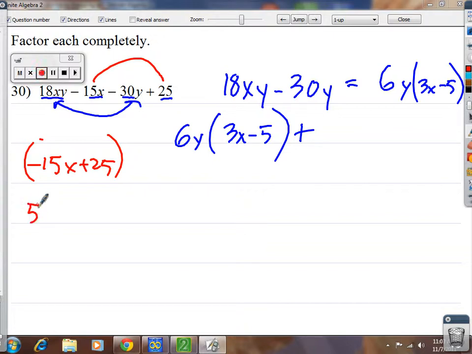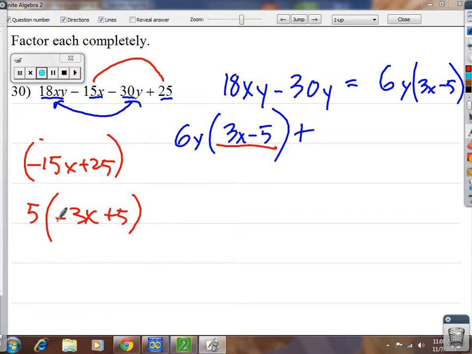5? Do a negative 5? Why do you want to do a negative 5? Because this is your target. You want to get a positive 3x minus 5. So if I pull a 5 out, I'm going to get a negative 3x plus 5.